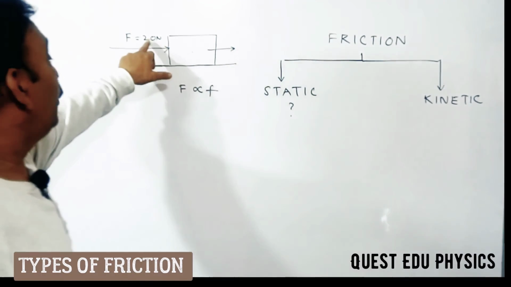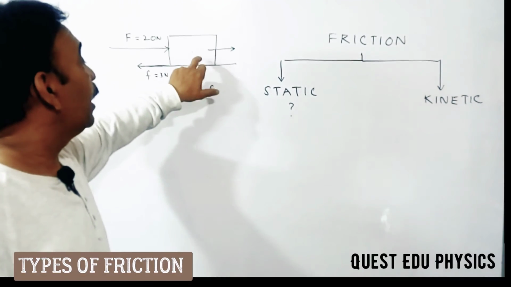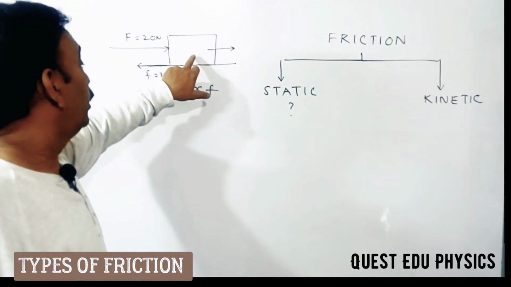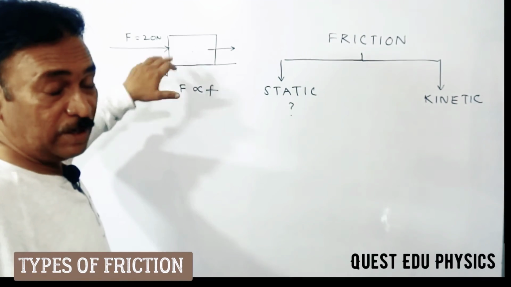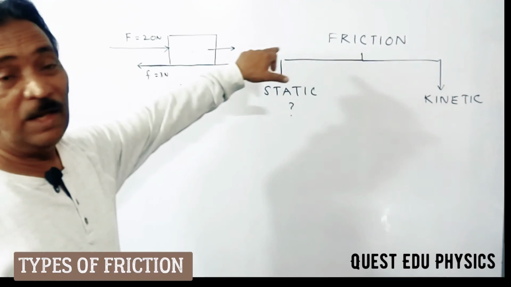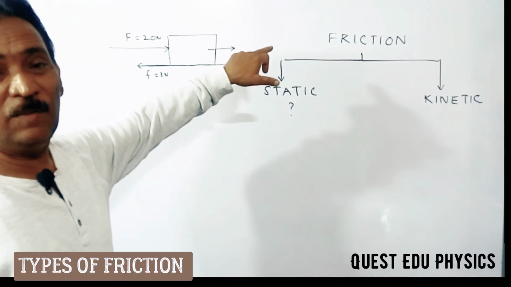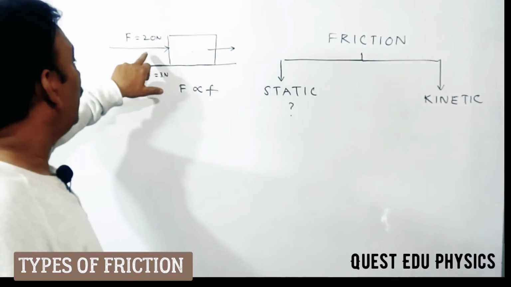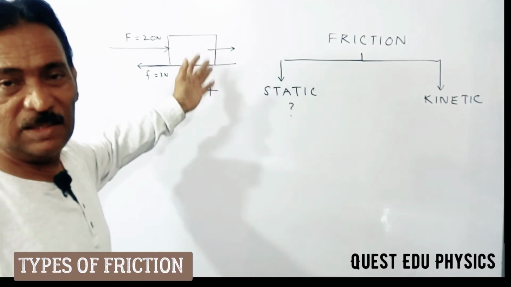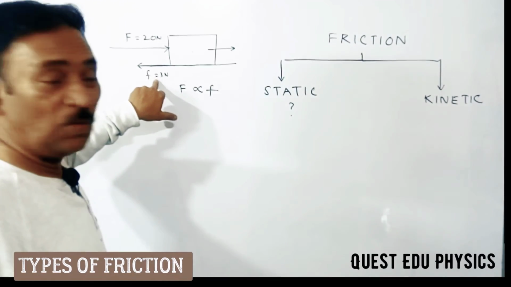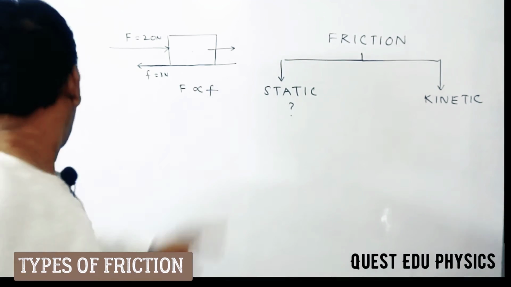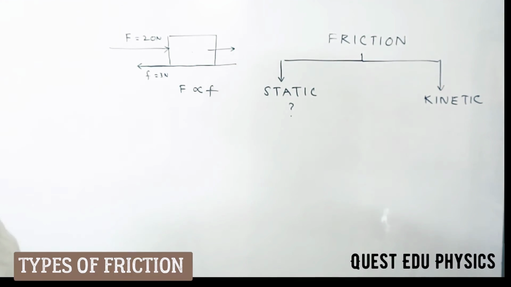That means at a particular force, the frictional force lost its capacity to resist and breaks down, and then the body moves over the surface. Understanding me, students? At a particular point, the resisting capacity is lost by this force. That's why I said frictional force is the self-adjusting force.